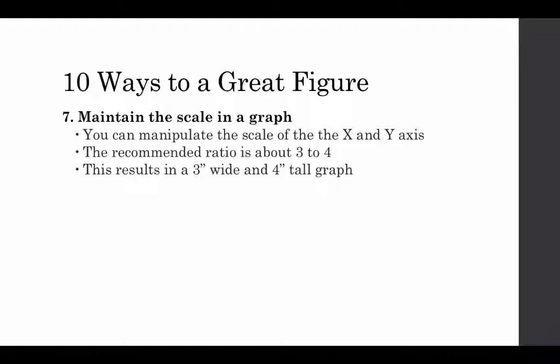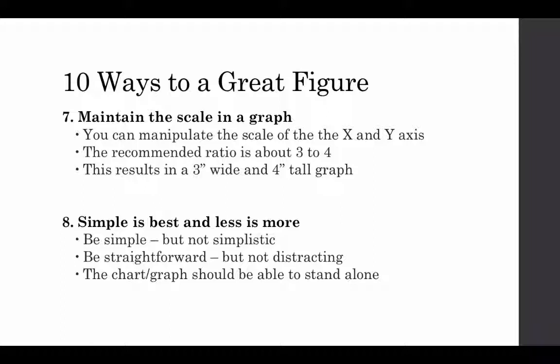And you can manipulate the scale on the XY axis to fit the needs that you want to show. If you want more detail, you can increase or decrease the scale so that we're really getting into what's between the numbers. So it's 1.2, 1.3, 1.4, and that can actually show on the graph. You can play with that regardless of the software that you're using.